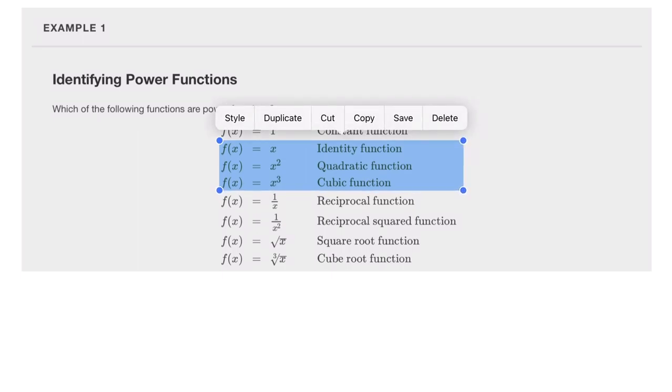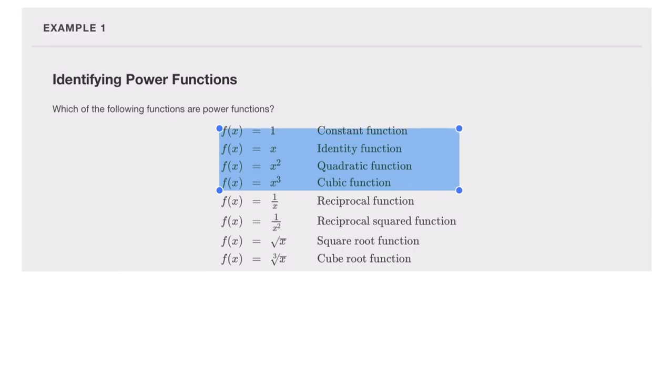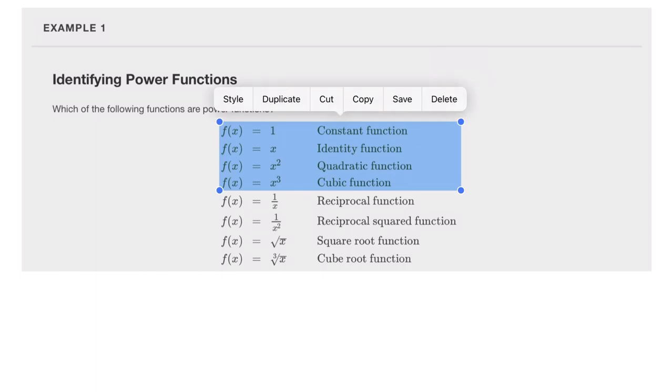Now, our definition for power function said x raised to a real power. Oh, wait a minute. Then that would include the constant function, because you can write the constant function as x to the power of 0. Any constant you can write as that number times x to the power of 0, so that should be a power function as well.